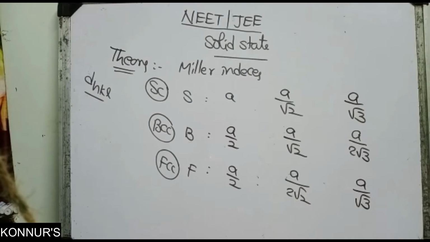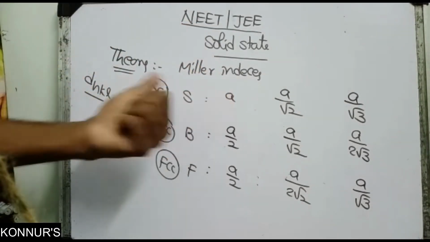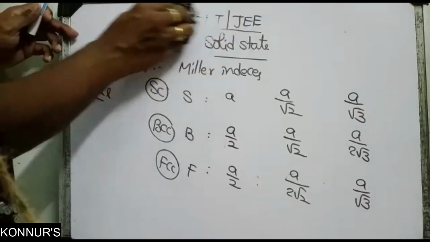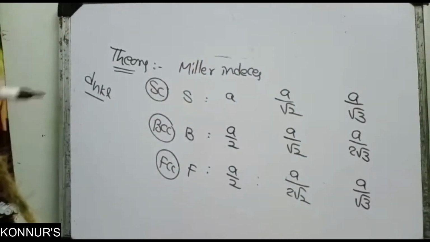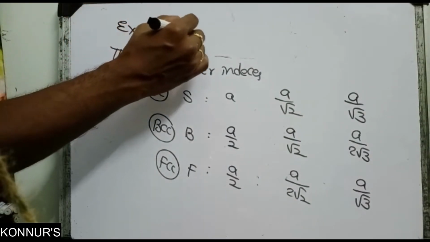According to theory, we previously discussed the Miller indices and the distance between two successive layers. Next, the same values are explained experimentally by Bragg's equation.